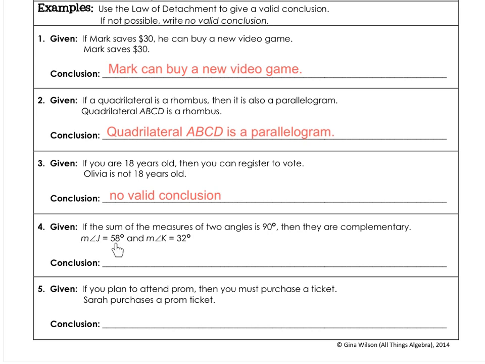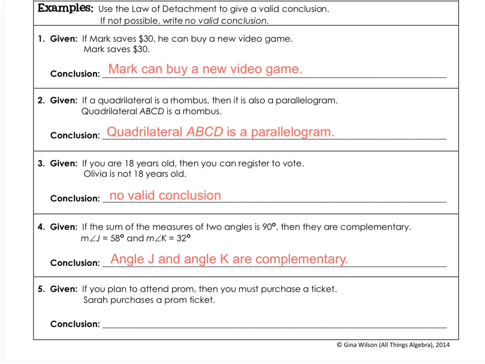However, we can take these two angles and we can sum them together and determine that the sum of both of these angles is indeed 90 degrees. Therefore, since we have the hypothesis that says the sum of the measures of two angles is 90 degrees, and in this case we've been given two angles and their sum is indeed 90 degrees, we can logically conclude that they are complementary.